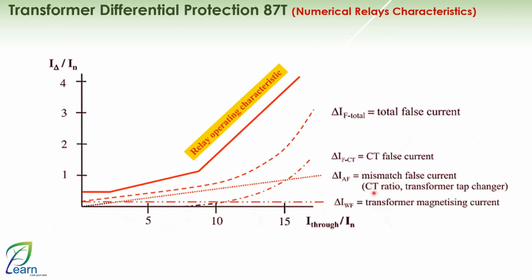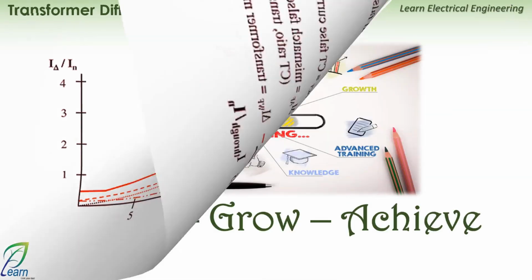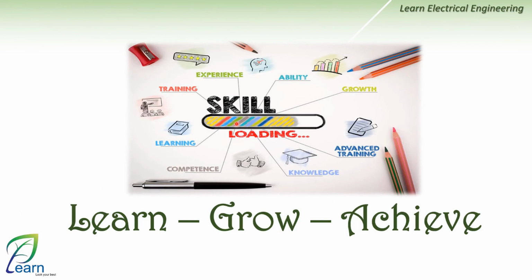It's as if you have combined all these steps into one curve and covered all of them, and with that we have generally understood the transformer differential characteristics in numerical relays and have seen the transformer differential system.